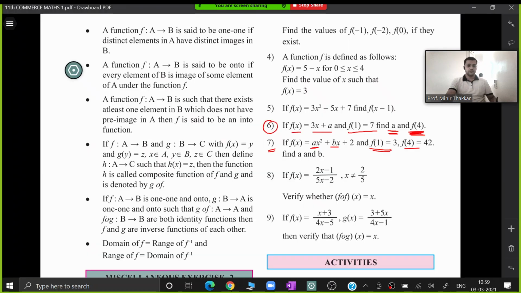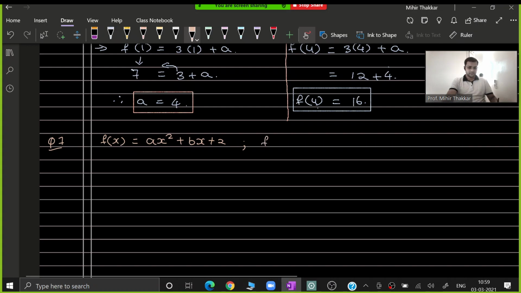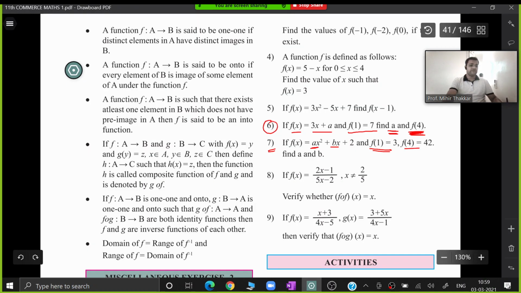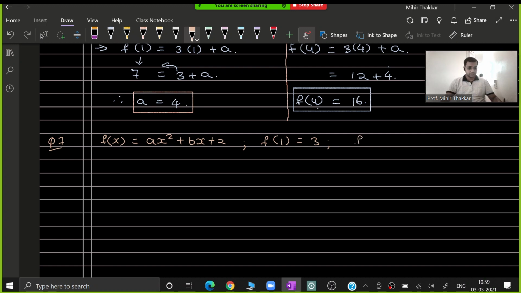Other than this, we also have the value of f1 is equal to 3 and also f4 is equal to 42.